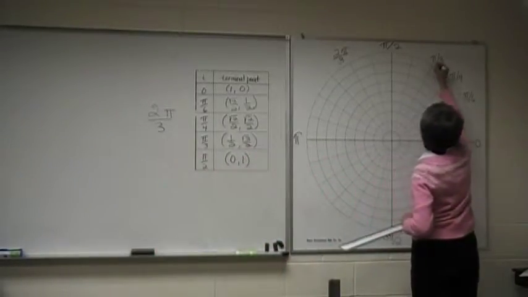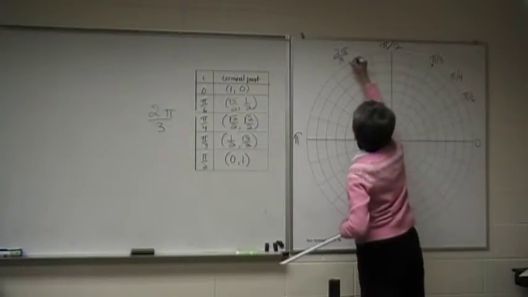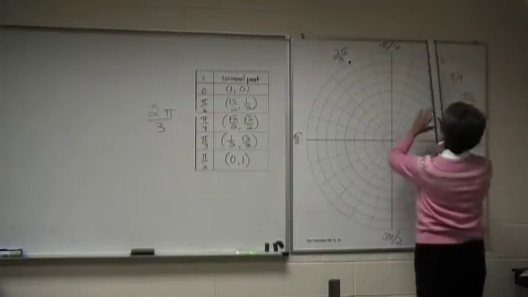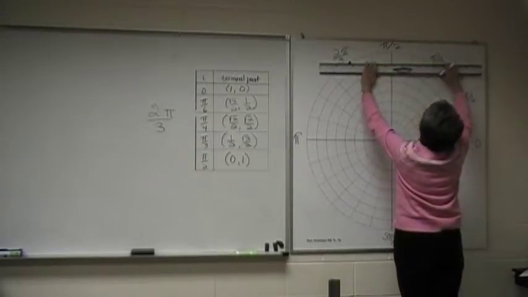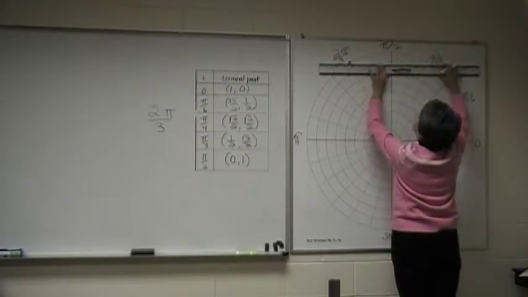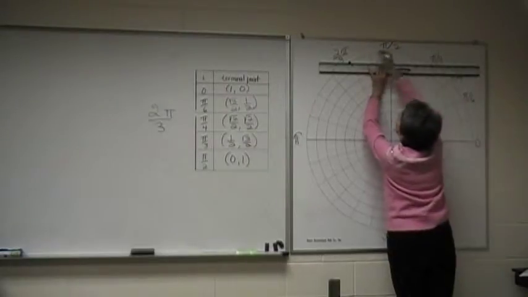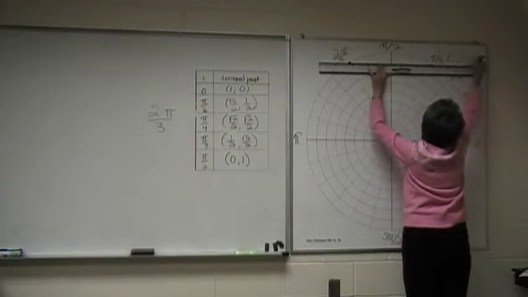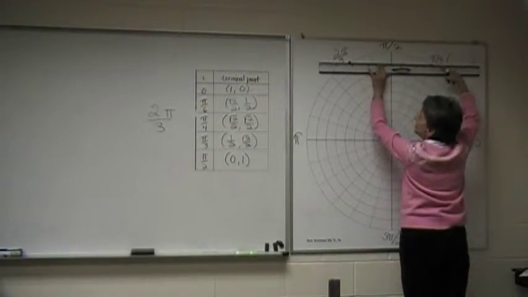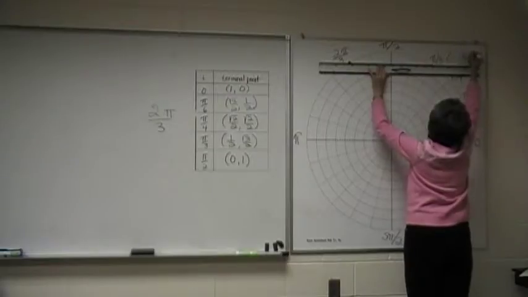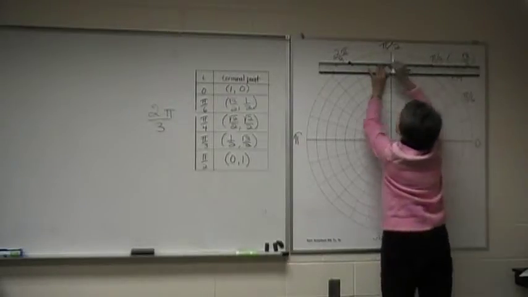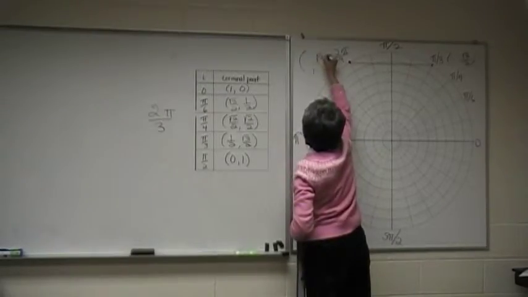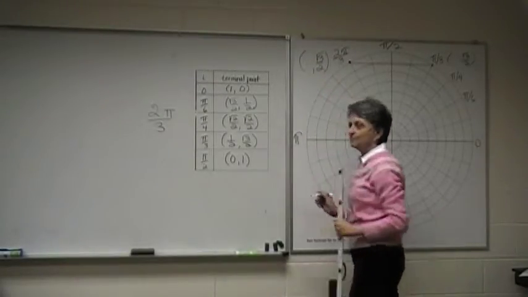If I mark this terminal point, and I mark the terminal point at 2/3 pi, I can find that they are exactly the same height. Since they're the same height, their y-coordinates are going to be the same. And remember, the y-coordinate on this was the square root of 3 over 2. So this y-coordinate has to be the square root of 3 over 2.